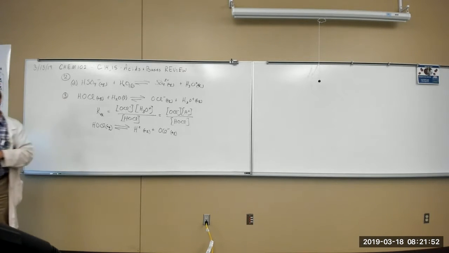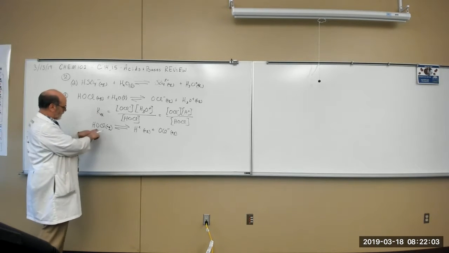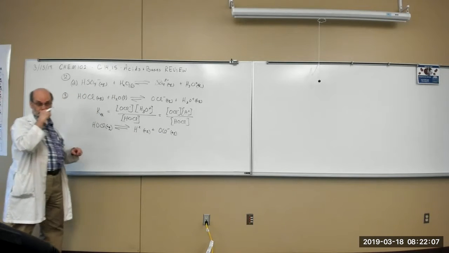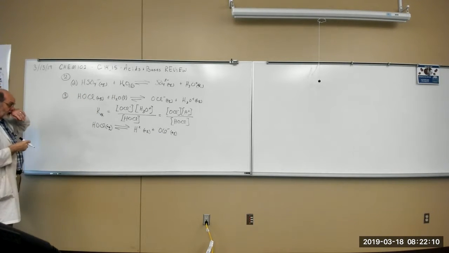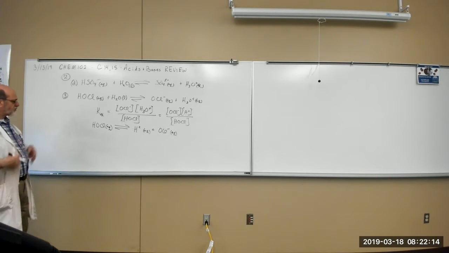I suppose the key word there is dissociation, a dissociation constant for this acid. When you dissociate, you don't react with anything, you just break it apart. So it breaks apart into this and this. Adding the water was assuming there was just a vessel for the reaction to occur.